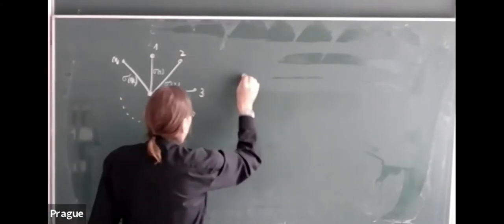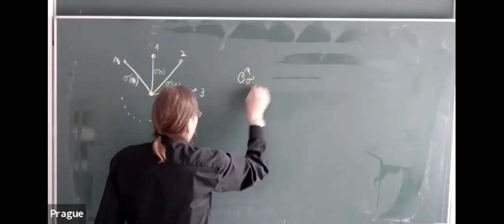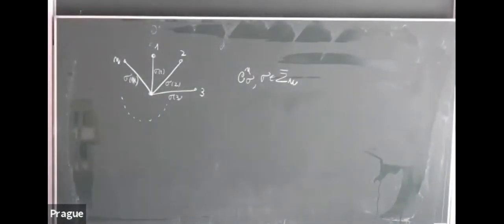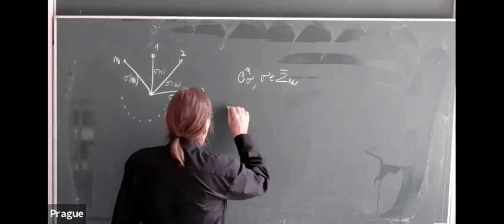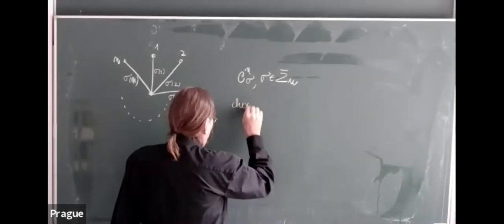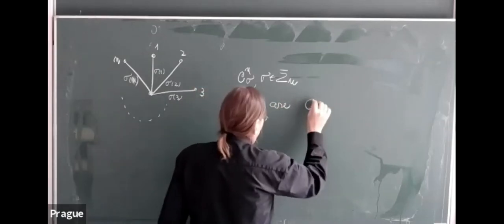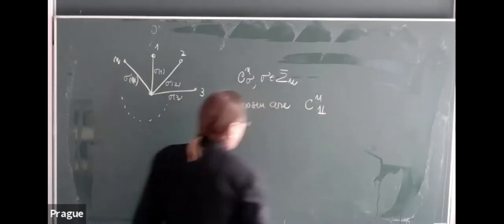So let me denote it by C_n sigma, where sigma is from the symmetric group S_n. So these are local terminal objects, and I declare that the chosen ones are C_n where sigma is the identity.